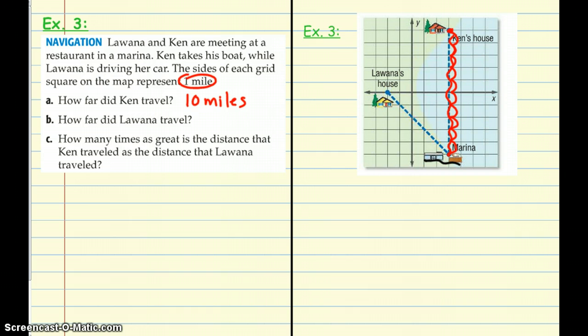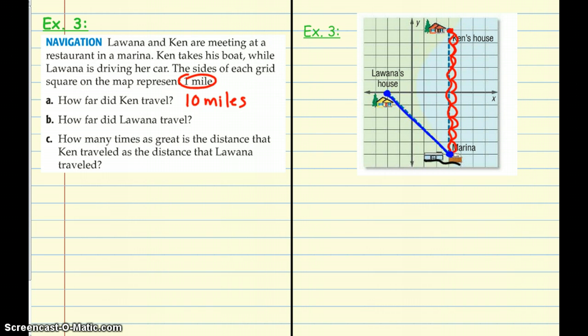And Luana is going to drive her car, and if you look at Luana's, she doesn't drive straight across all the yards and all these other things, so we have to figure out how far Luana travels. We've got these coordinate pairs here at her starting point and down here at the marina.